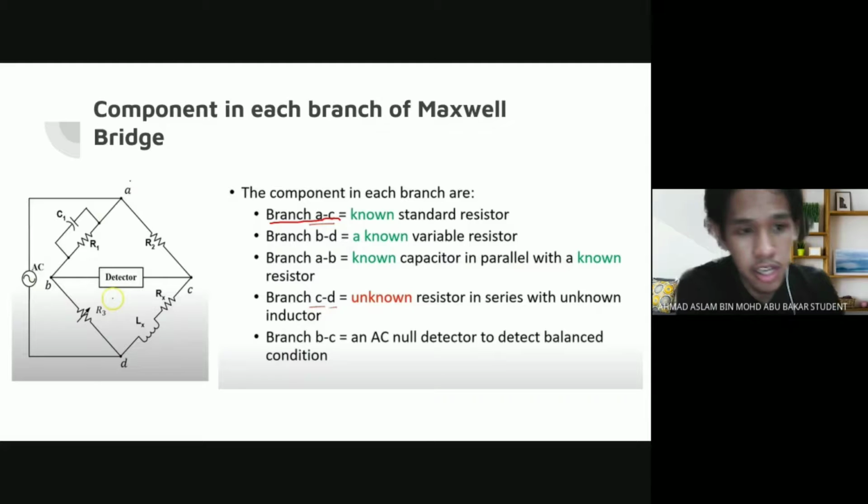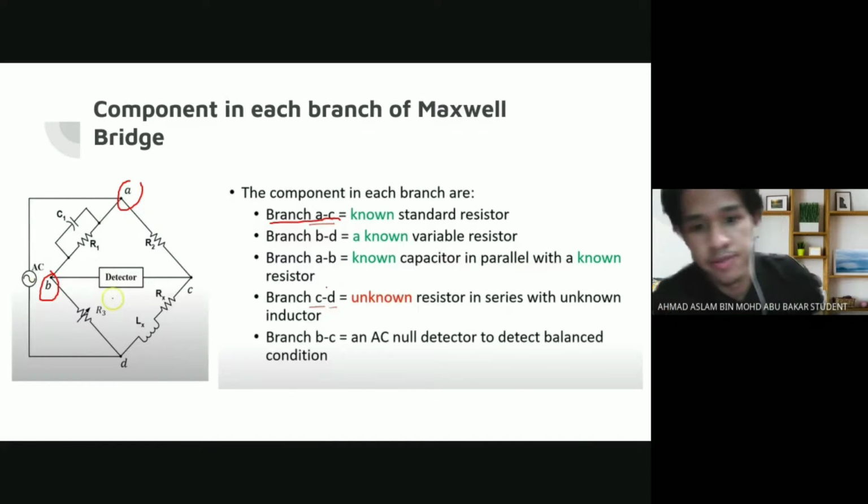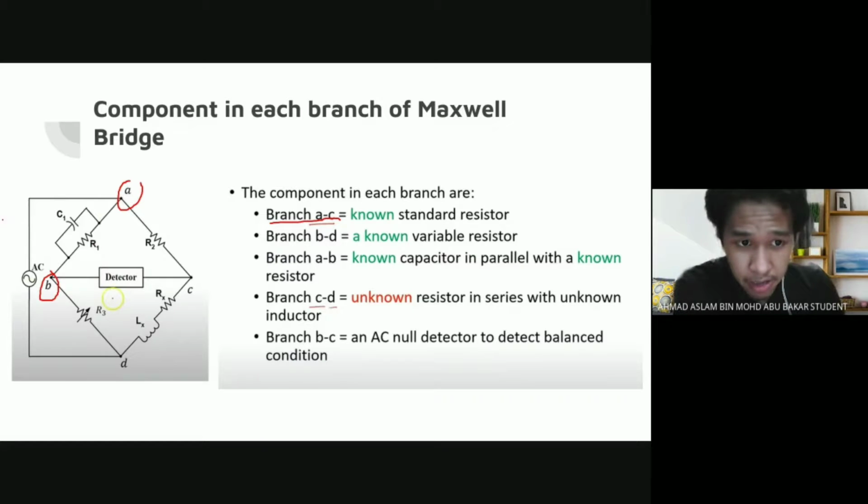For the branch A to B, a known capacitance in parallel with a known resistor, parallel.